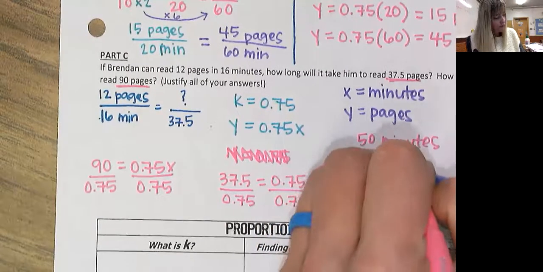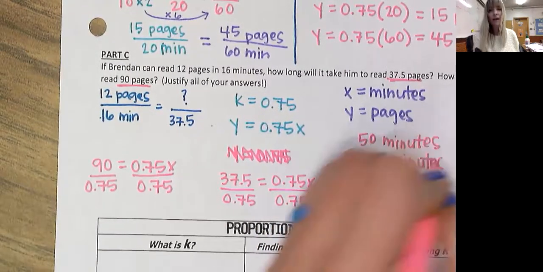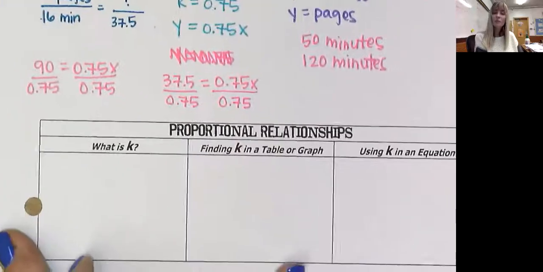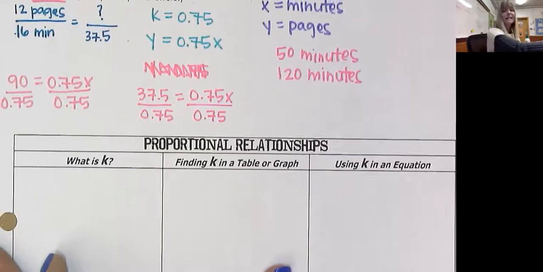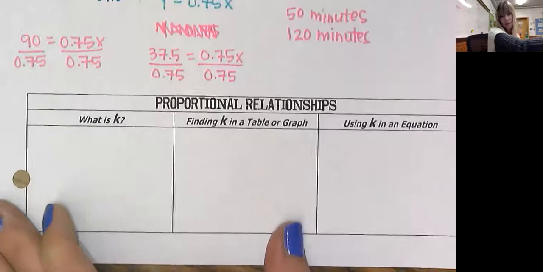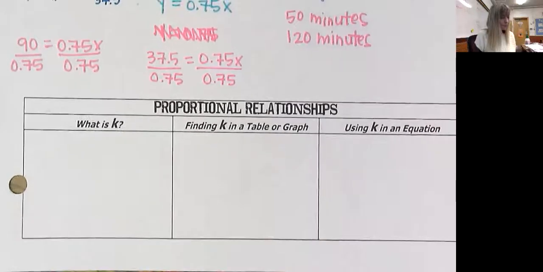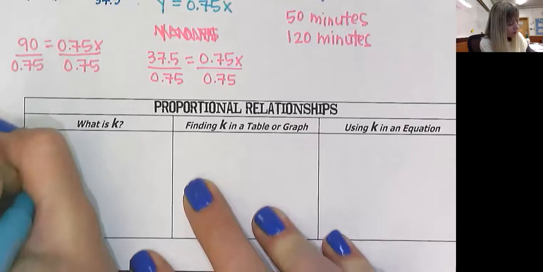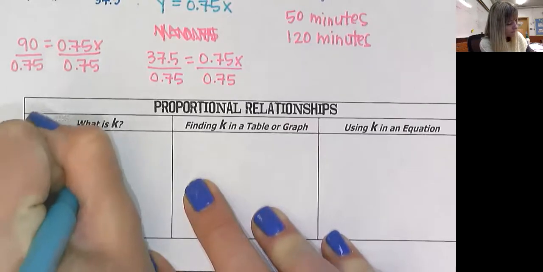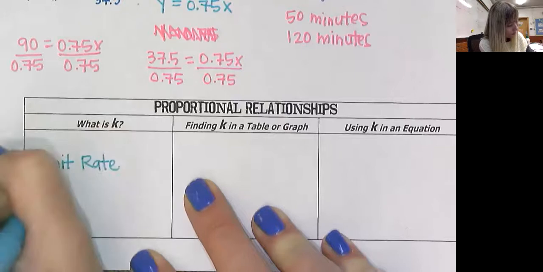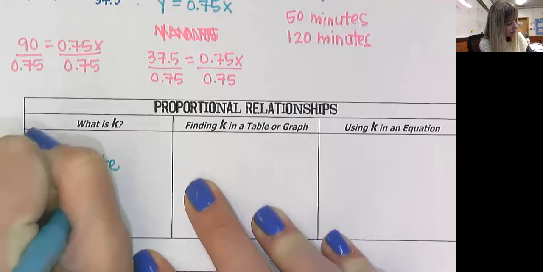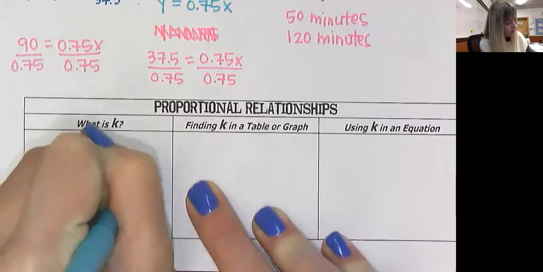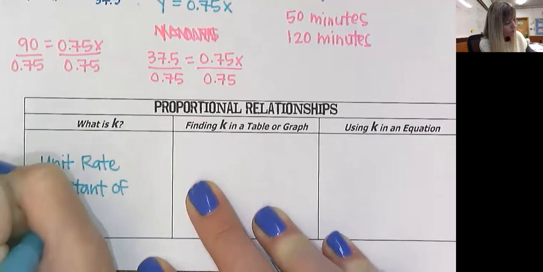The beautiful thing about finding a unit rate and making an equation is that then you can plug it in and find whatever you want, even if the ratios don't turn out nice and equivalent. So what is K? Let's fill in some answers here. K is the unit rate. Also, the constant of proportionality.